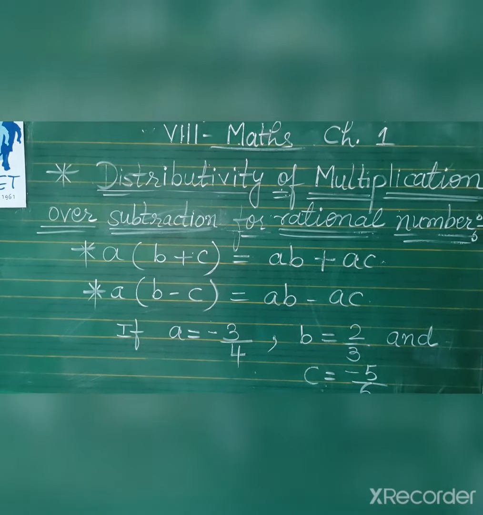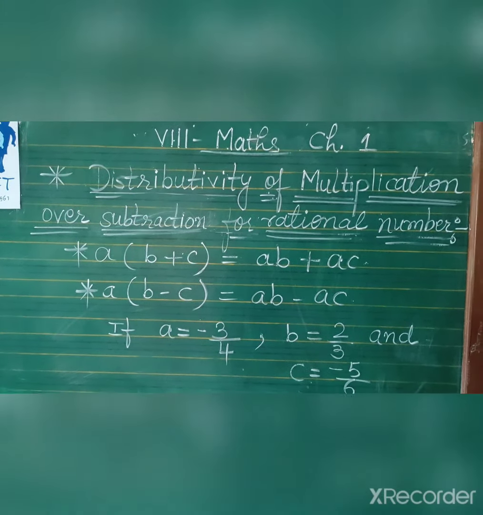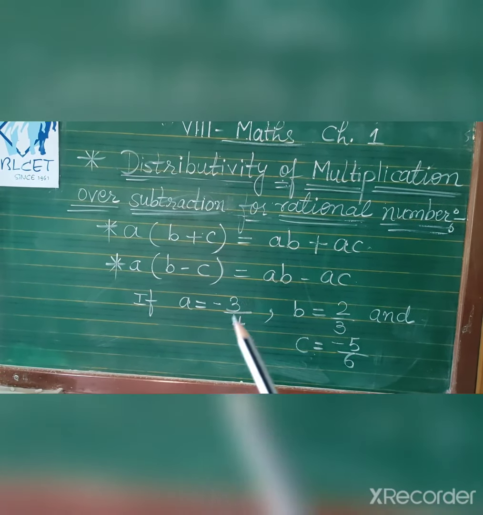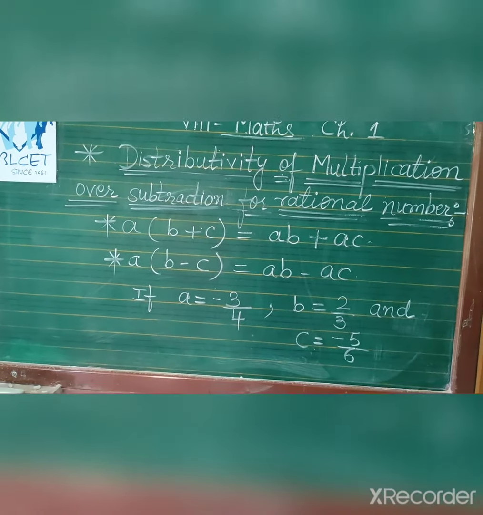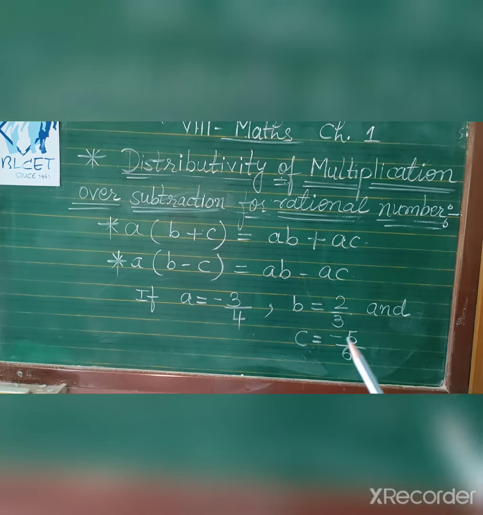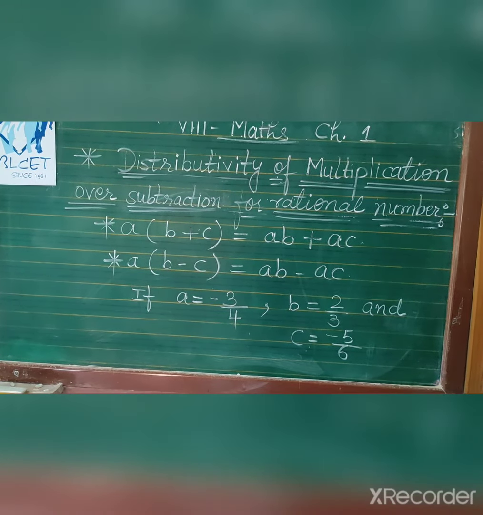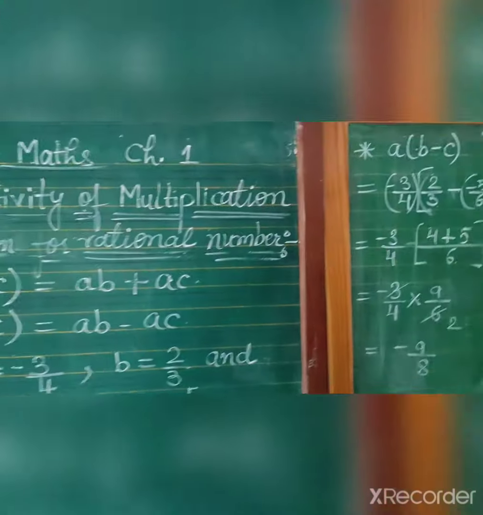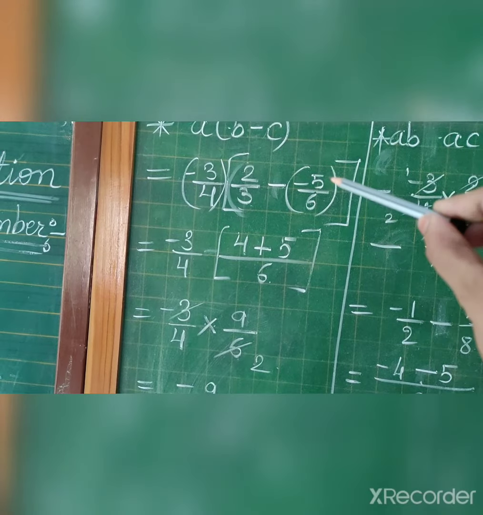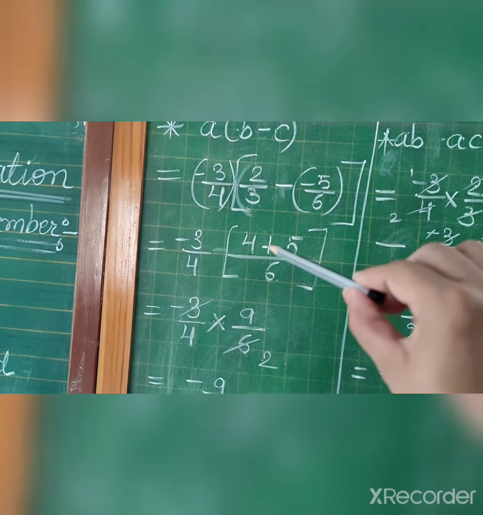Now we'll see distributivity of multiplication over subtraction. a into b minus c, ab minus ac. In place of a, minus 3 upon 4. LHS side first we will take, and 2 upon 3 in the bracket, minus 5 upon 6 with negative sign. So minus 3 upon 4, 2 upon 3 minus 5 upon 6, minus minus plus.